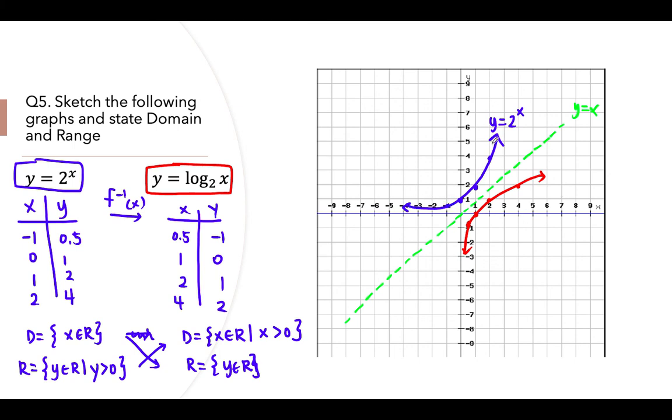X can be any real number, but y has to be greater than 0 because we have a horizontal asymptote, y is equal to 0, right? But on the other hand, the logarithmic function over here doesn't have a horizontal asymptote. Instead, it has a vertical asymptote of x is equal to 0. So again, the asymptote has to switch as well.